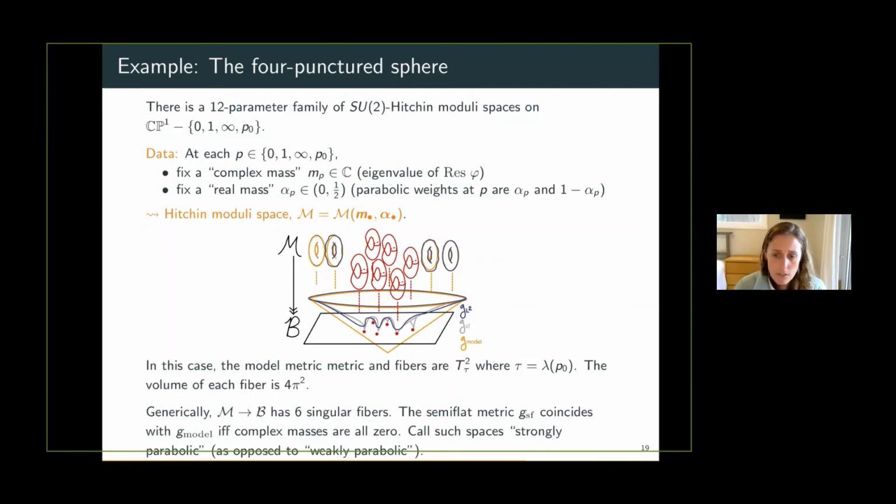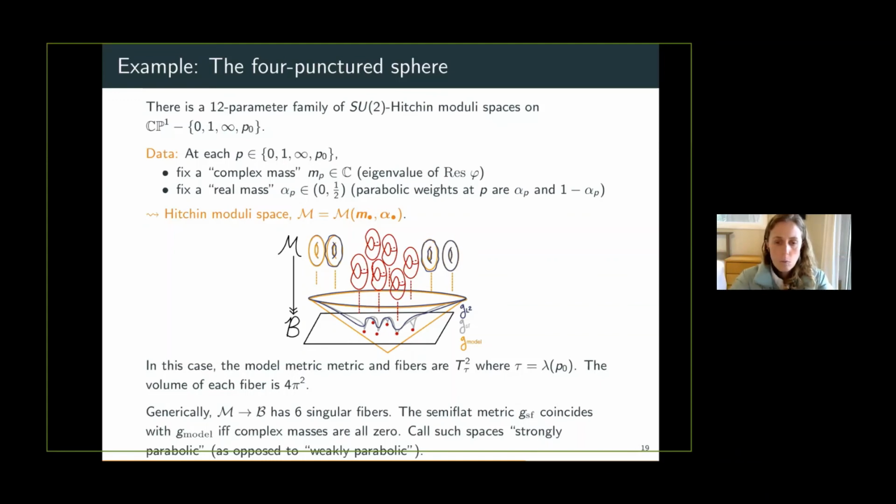They're all I1 fibers. And then what you can see is that the semi-flat metric has some sort of logarithmic singularities near these singular points. It should be modeled on the Ooguri-Vafa metric, but we haven't shown that yet. And so the semi-flat metric is not the same thing as the model metric.